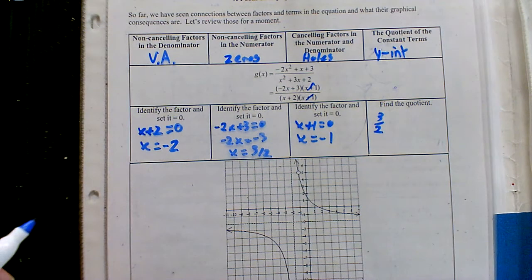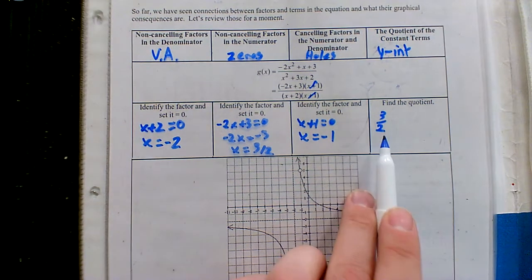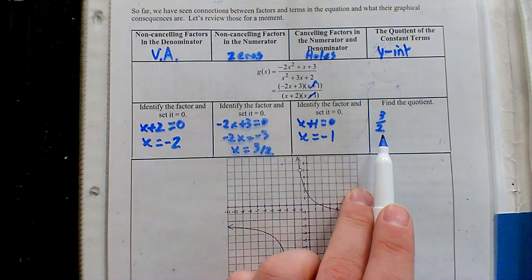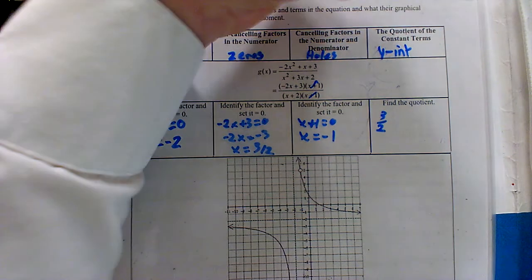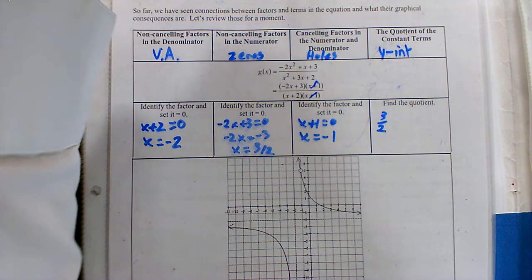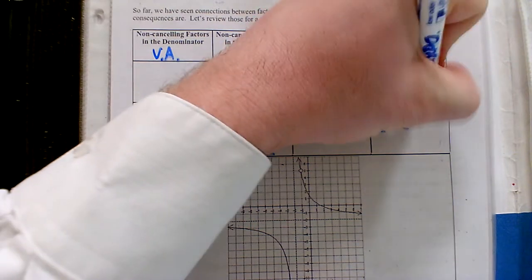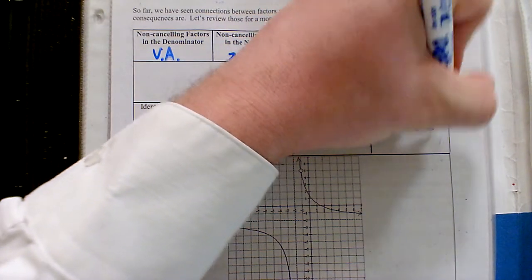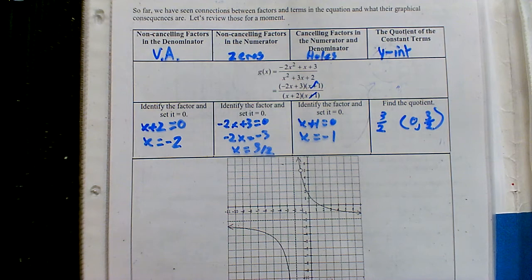Now I'm also going to write this in that box. We have 3 over 2, and that is the y-intercept, so the x value has to be what? 0. So I'm going to write the point (0, 3/2). That's your y-intercept.